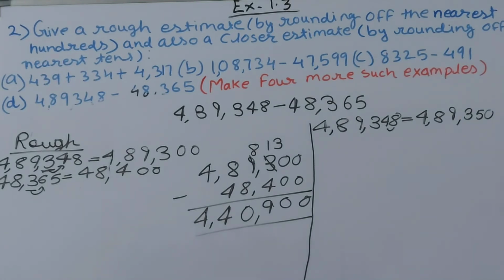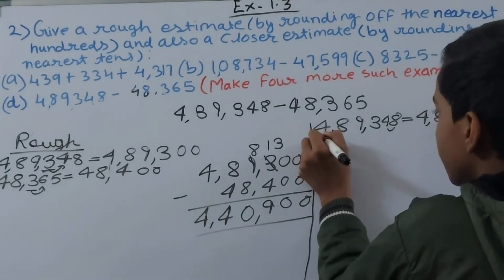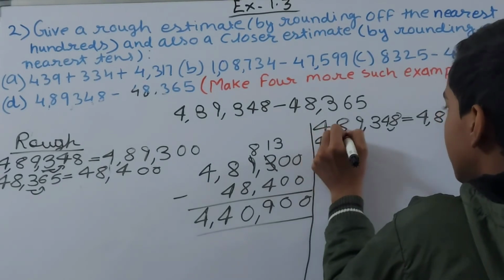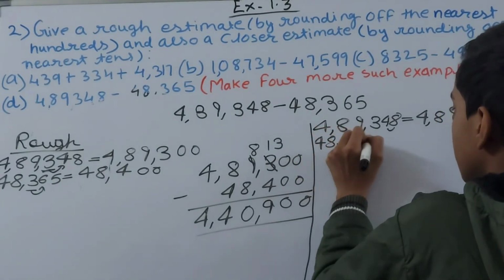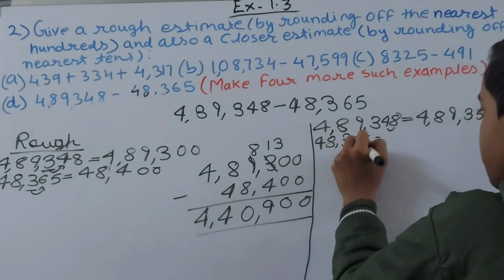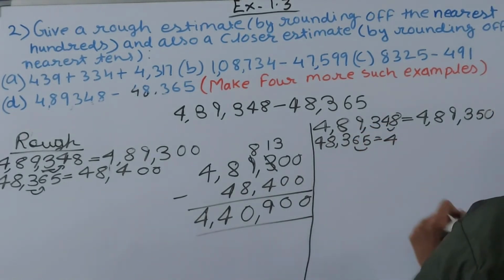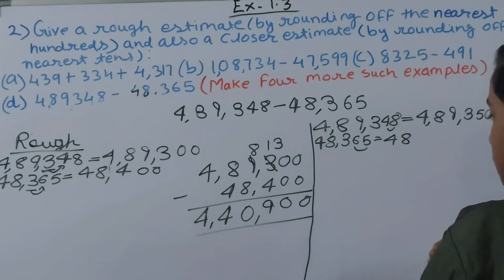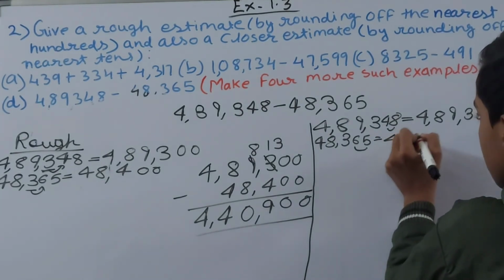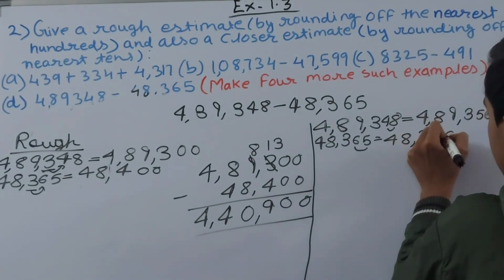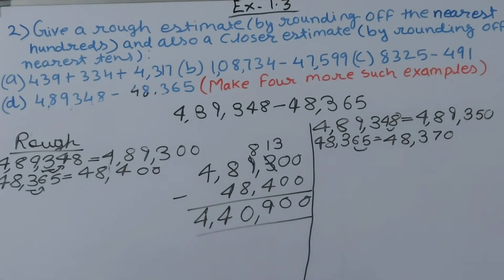Next we have this 48,365. 6 at tens place, move one place back, we have 5. Again we need to add 1 to 6 and 5 will turn to 0. So 370.